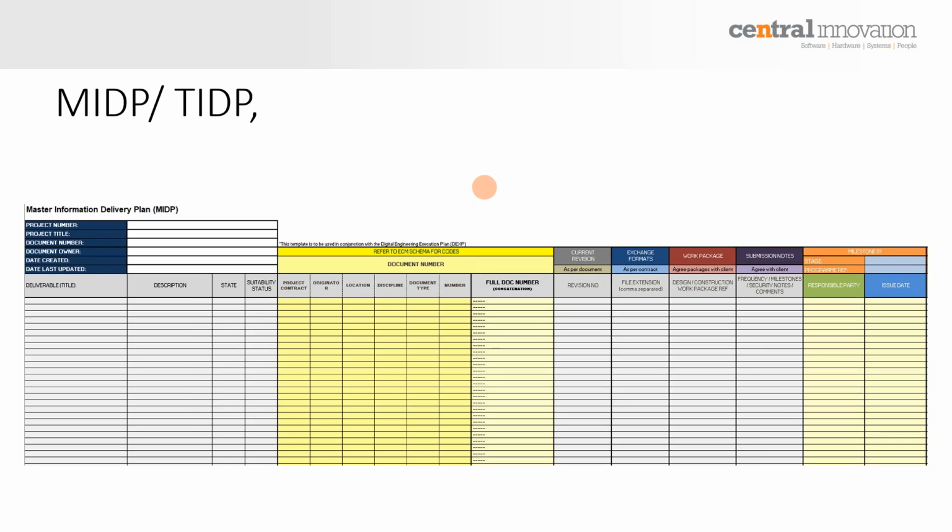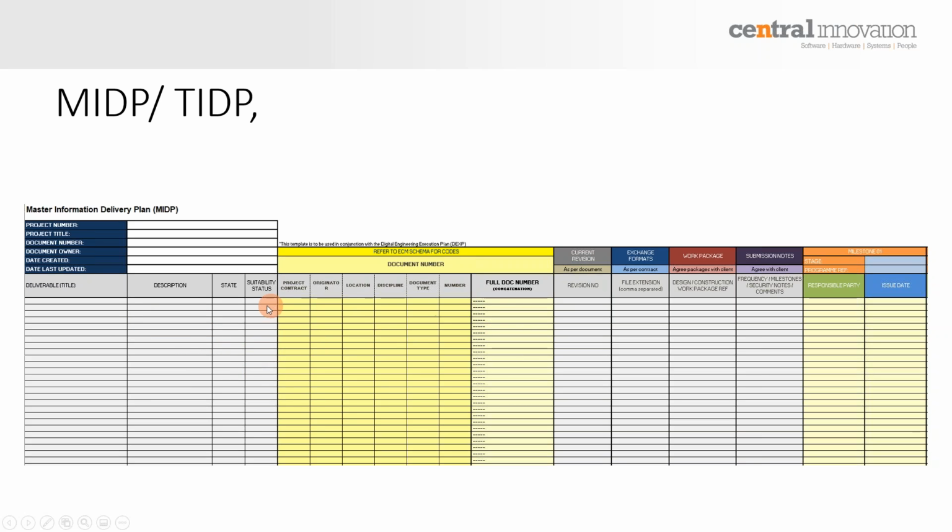Some of those can be described with tables like this one here on the screen, which is a Master Information Delivery Plan, or MIDP. I'm not showing a screenshot of the TIDP, but it's essentially pretty close. And what that is, as you can see there, it's a list that describes who needs to produce what and at what stage.